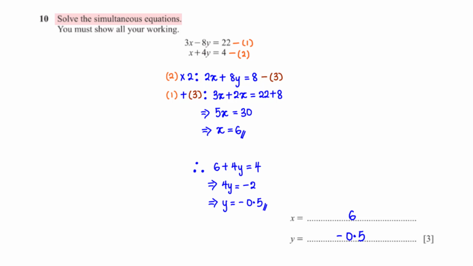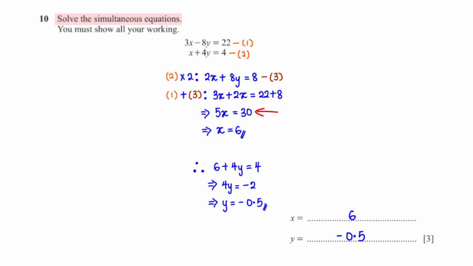So now we have negative 8y in equation 1 and positive 8y in equation 3. When we add equation 1 to equation 3, we have 3x plus 2x plus 8y minus 8y, which is 0, equals 22 plus 8. 3x plus 2x is 5x. 22 plus 8 is 30.